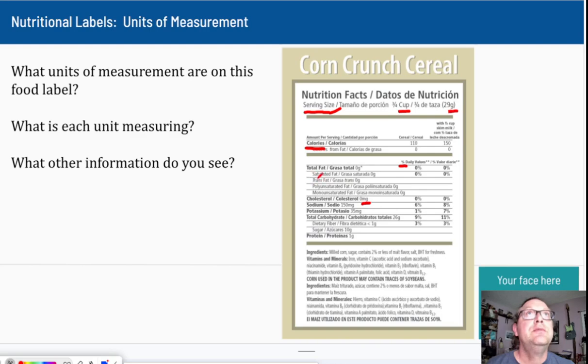There are grams of fat, cholesterol, sodium, potassium, carbohydrates, dietary fiber, sugar, and protein. And there's other information here about the ingredients and the vitamins contained in the food. And careful, if you have a soybean allergy, not to consume this cereal.